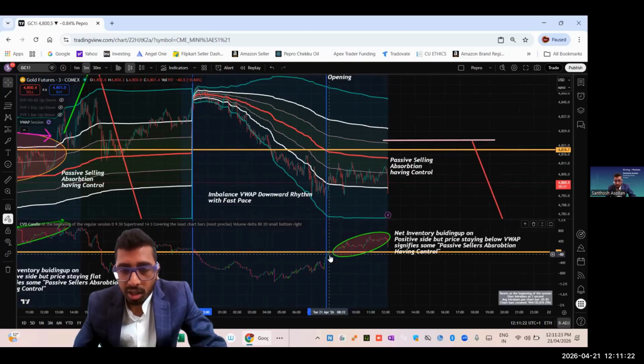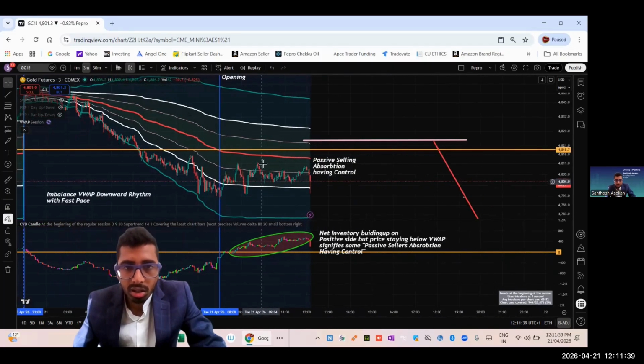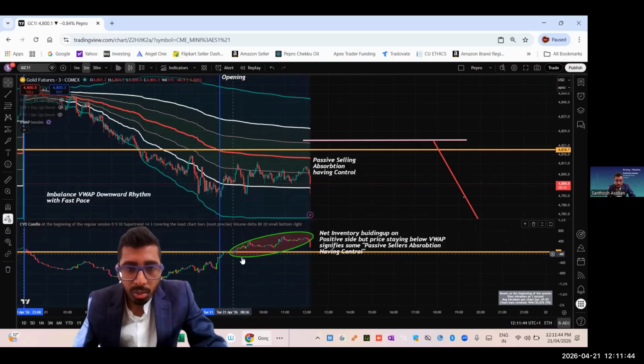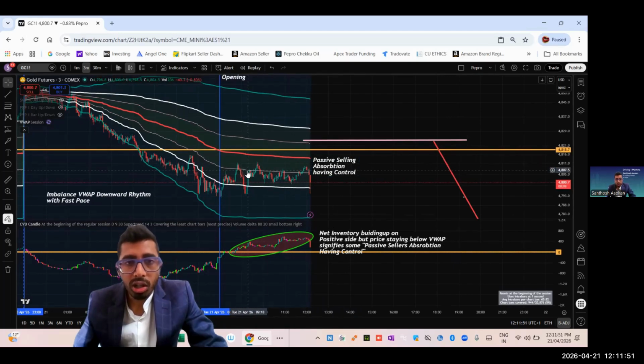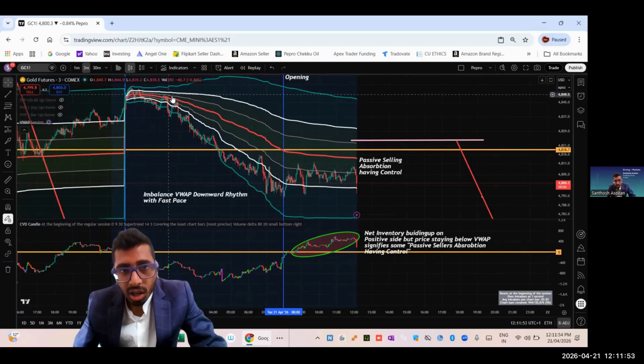But after the London session opening, there is a shift in the inventory: the net inventory is building on the positive side, but price is staying below VWAP levels, which you can see in this zone. This signifies that all this aggressive buying has been absorbed by passive sellers, and they have the control. That is what I explained previously for the overnight session.